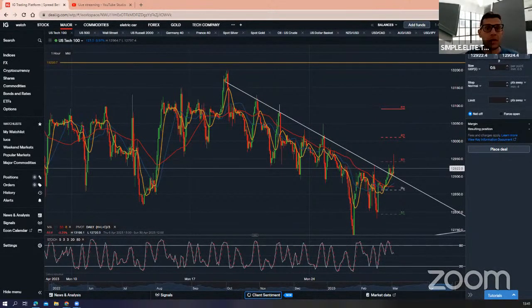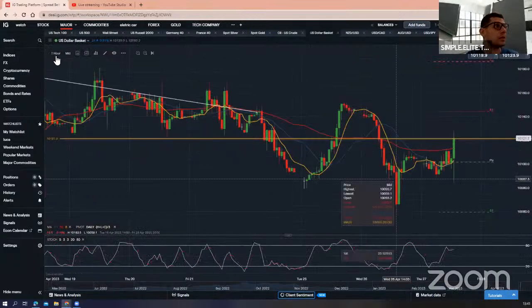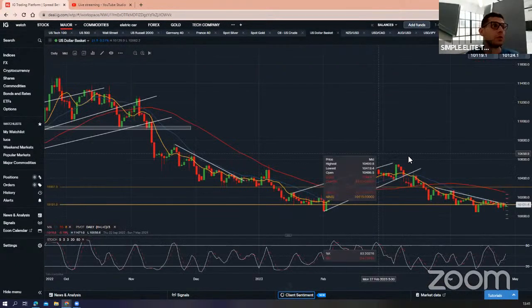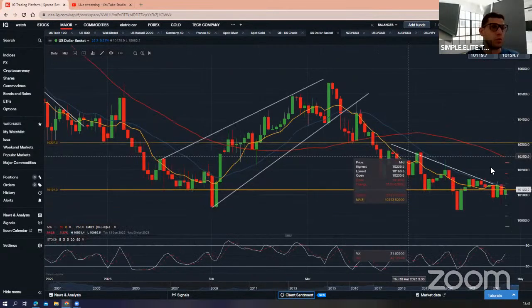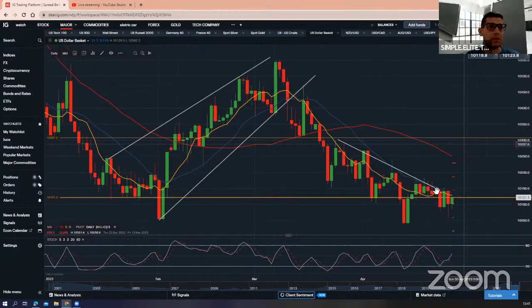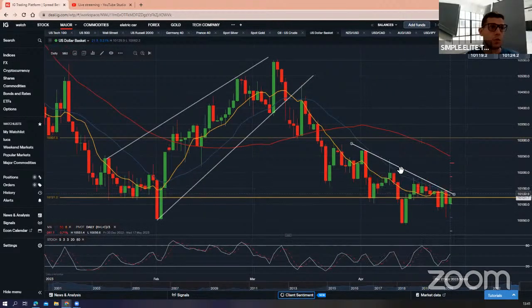Moving on to currency, the dollar is still around the major support level, which is this 100, 120, based on this level now. If indices break lower, we could probably see the dollar gain.